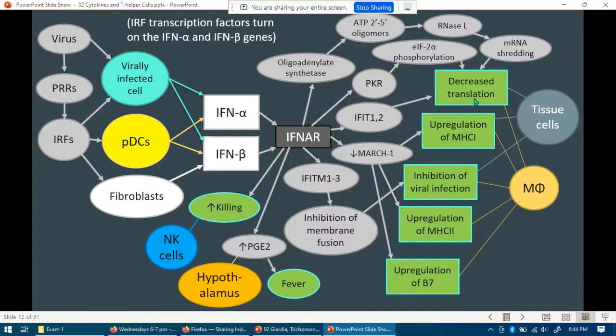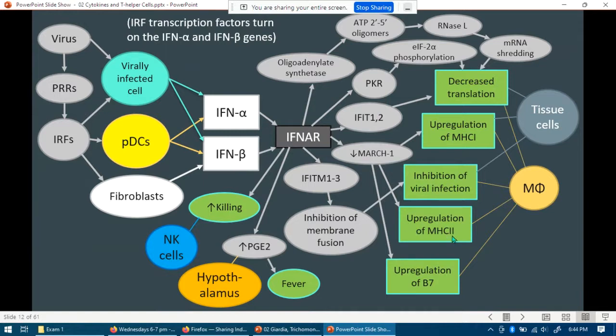Interferons will result in decreased translation, the upregulation of MHC1, inhibition of a cell to be virally infected to begin with, and that can happen because these proteins called the interferon-induced transmembrane proteins get turned on in response to the type 1 interferons, and they can actually inhibit the fusion of viral membranes with cell membranes, interestingly enough, meaning neighboring cells that were stimulated with those interferons that were made by the virally infected cell are less likely to ever be infected with a virus to begin with.